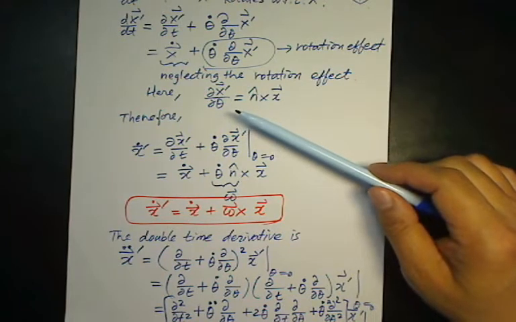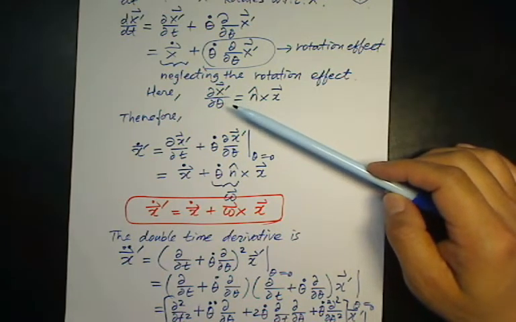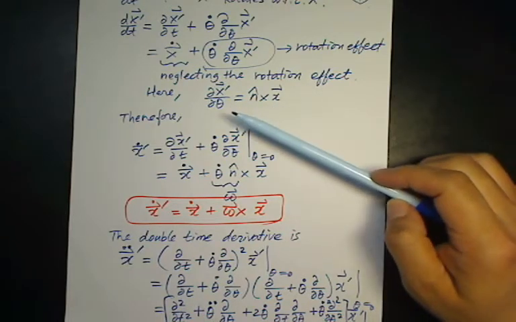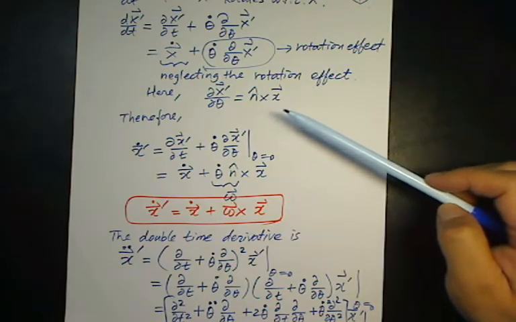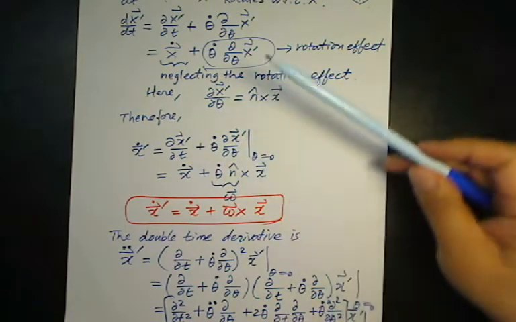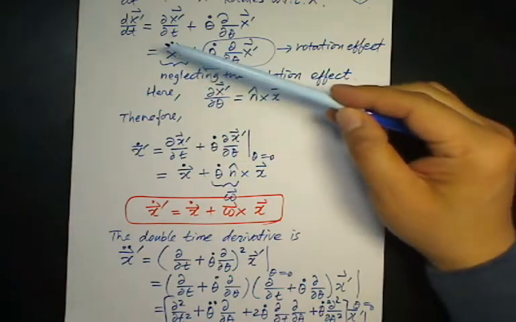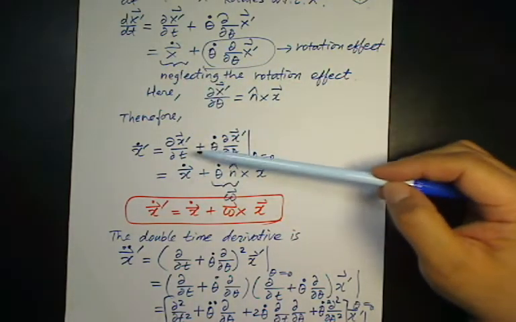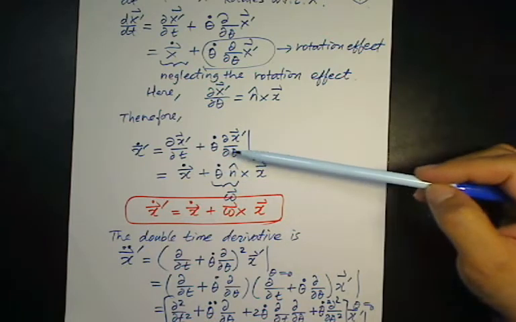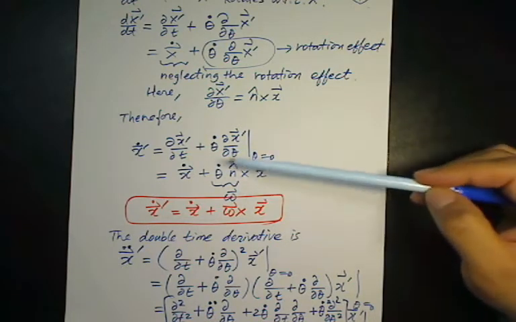We just have seen that the first order derivative of the angle gives n cross x, and the second order derivative of this angle gives n cross x. Substituting this one to be the velocity at the rotating frame, and this is the amount of velocity generated by the rotation.